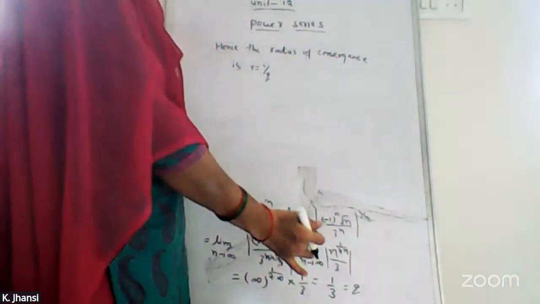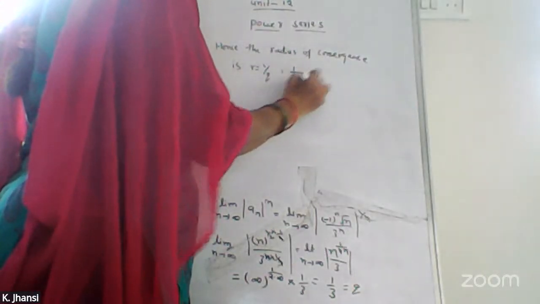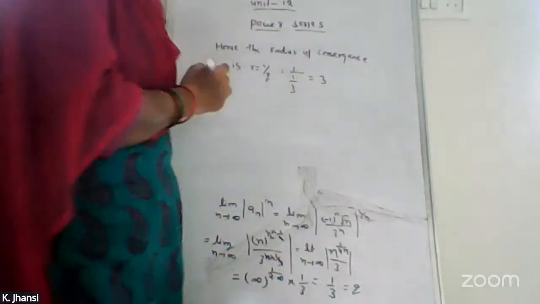The q value we got is 1 by 3. So it is equals to 1 by 1 by 3. So the value is 3 here.